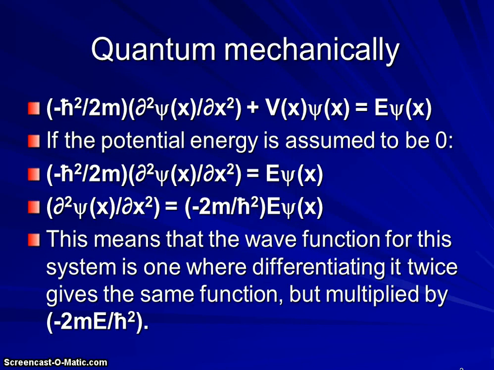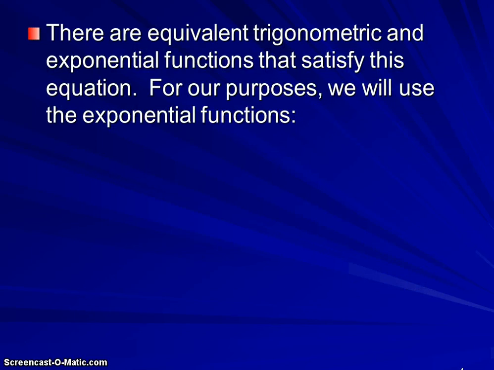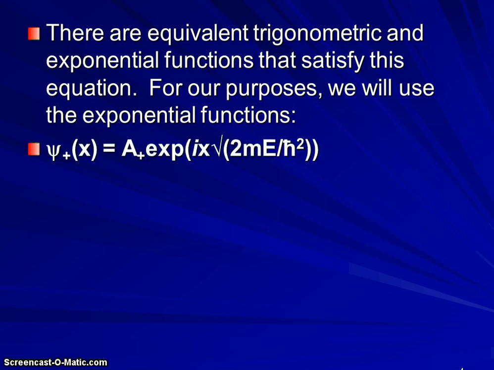And so we need to think about what wave functions might be a solution to this equation. Now remember, when we solve a quantum mechanical equation, we're usually not solving it for a constant like E. We're solving it for a function, to find out what function satisfies that equation. There are trigonometric functions and exponential functions that meet that criteria we just described for the second derivative. So for our purposes, to make our math a little bit easier, we'll use the exponential function.